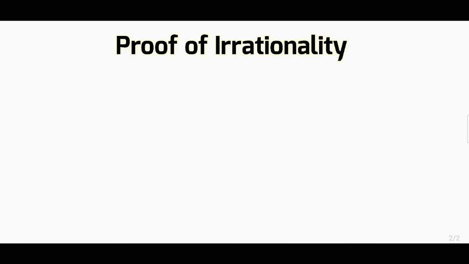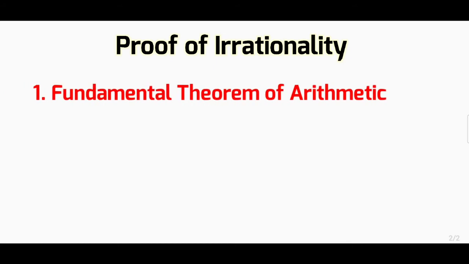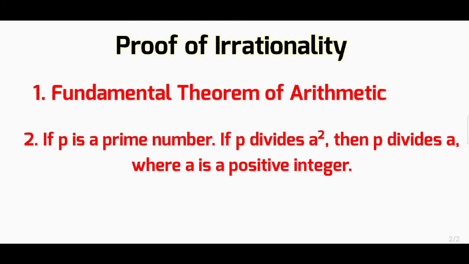And to prove the irrationality of these irrational numbers, we use the fundamental theorem of arithmetic, and we use one more theorem. According to this theorem, if p is a prime number and p divides a square, then p will also divide a, where a is a positive integer.